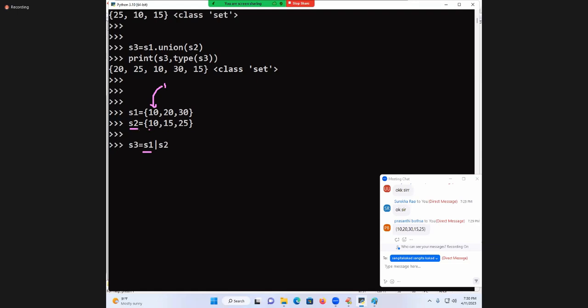What is the first value you are selecting? 10. Is it matching? Selected element and compared element matching? 1 or 1, what is the answer? 1. That means 10 is marked for selection.